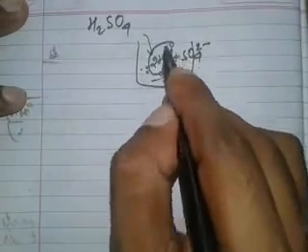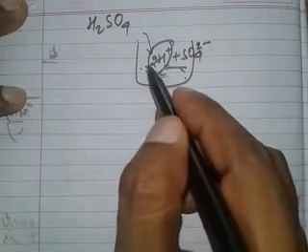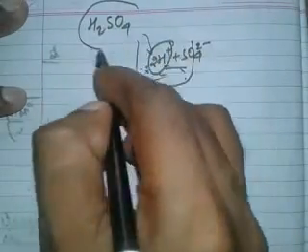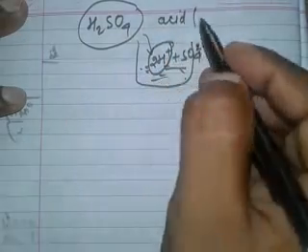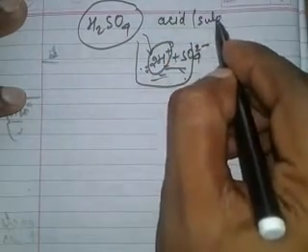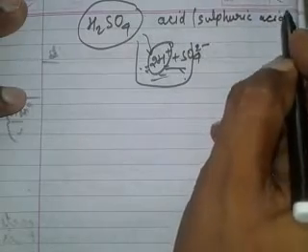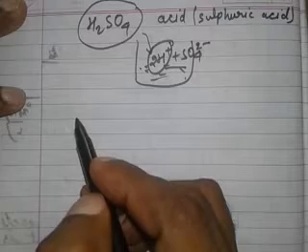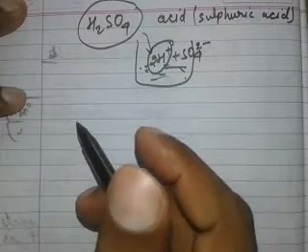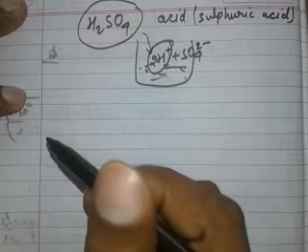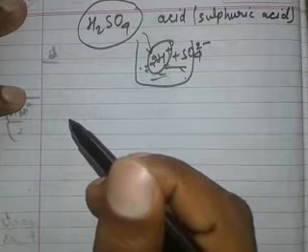These H plus ions are hydrogen ions, and this represents that the H2SO4 is an acid, and the name of the acid is sulfuric acid. So we can define that acids are the substances which give hydrogen ions when they are dissociated in water.